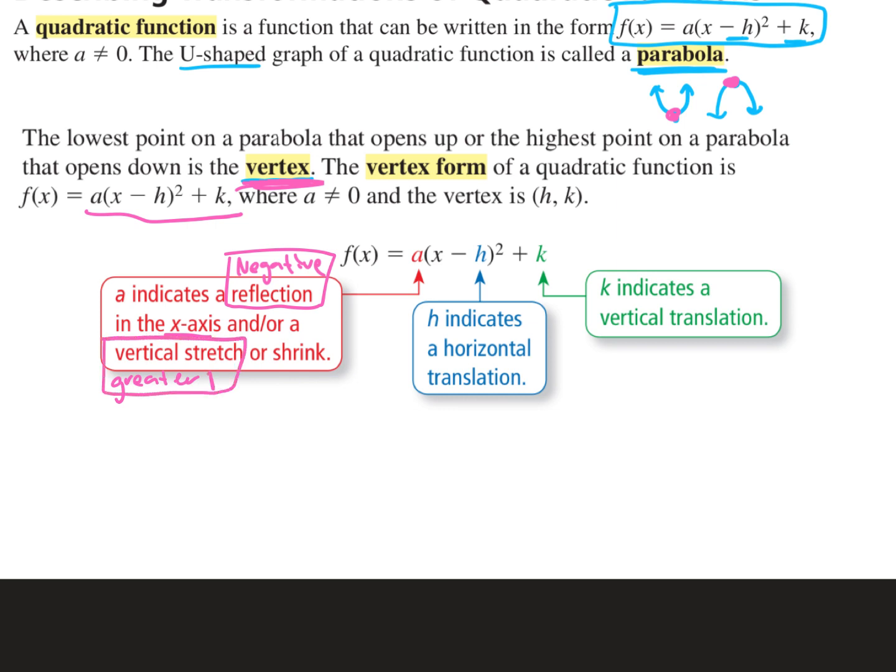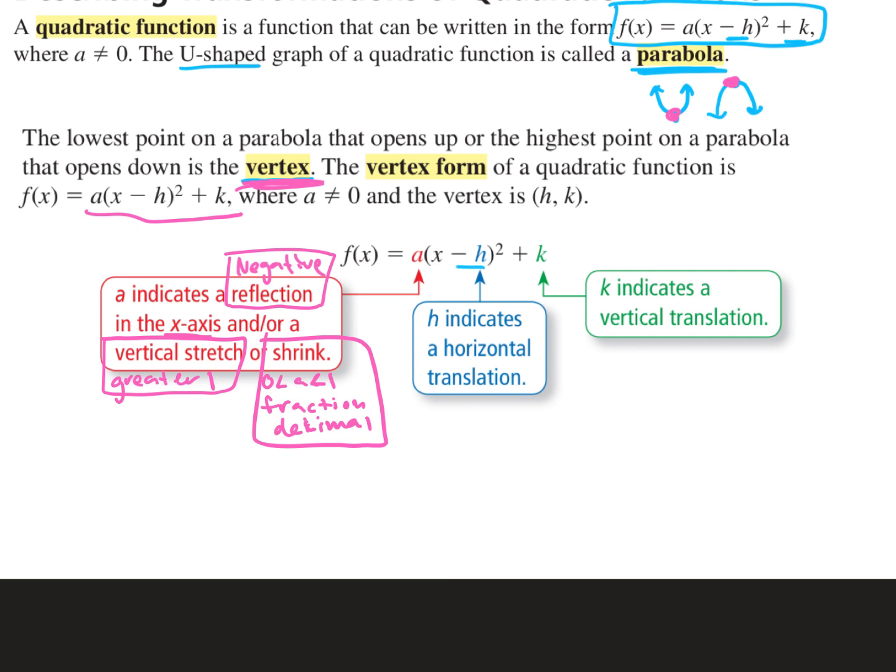And if it is a fraction or decimal, something between 0 and 1, something that is less than 1, then we would have a shrink. Just think, if it's a smaller number, it's shrinking. If it's a big number, then we're stretching.